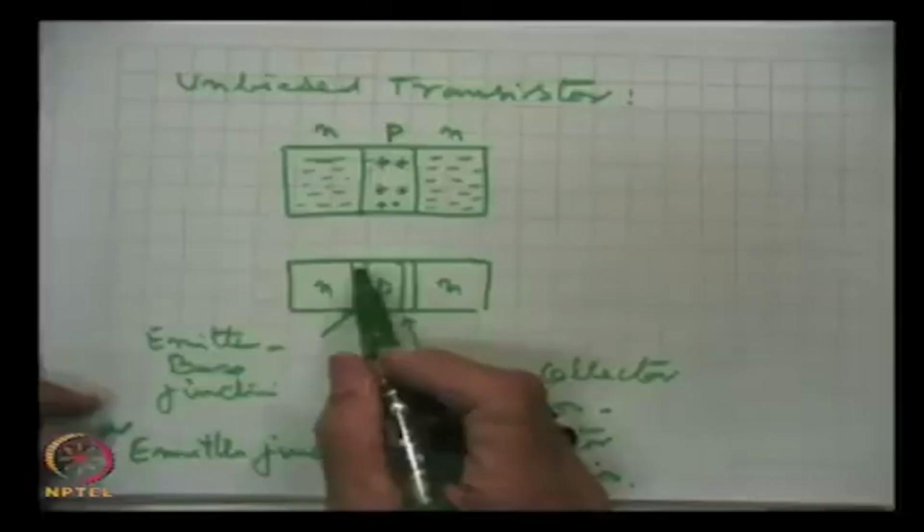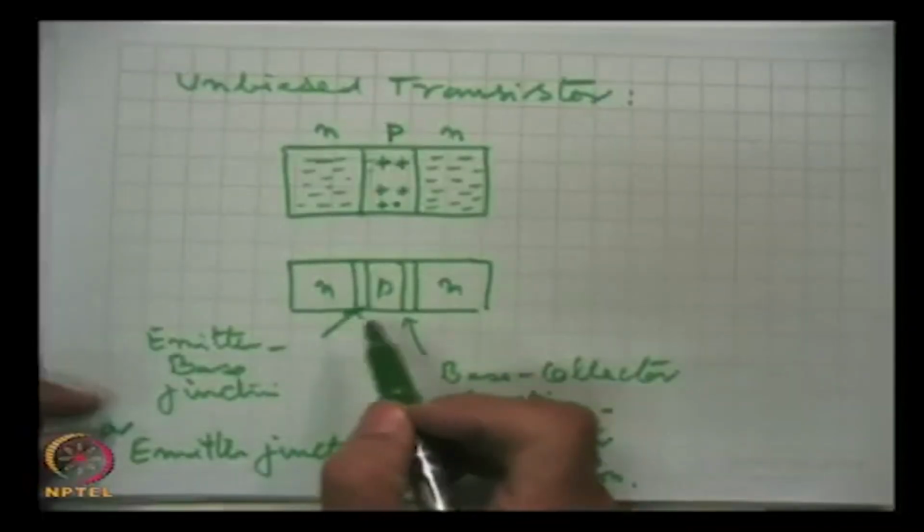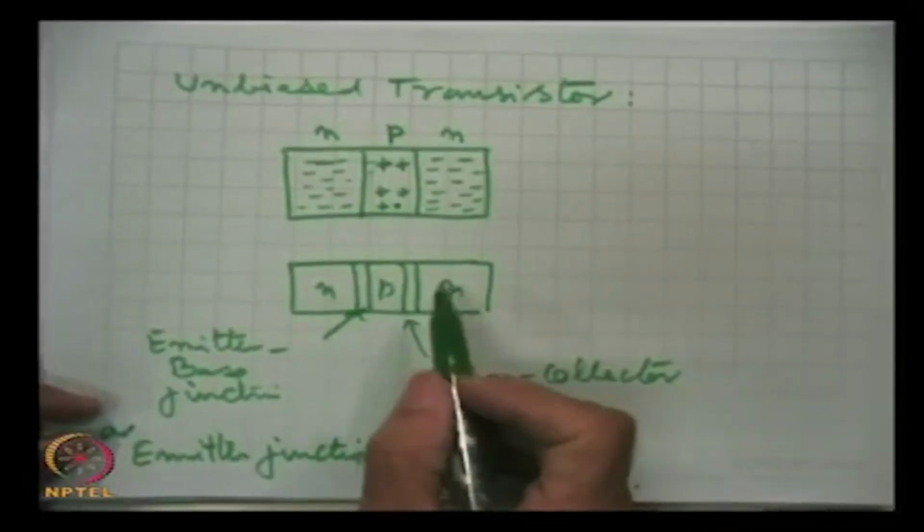Now, these junctions, the emitter junction and the collector junction, let me draw another diagram to illustrate that these are the space charge regions.